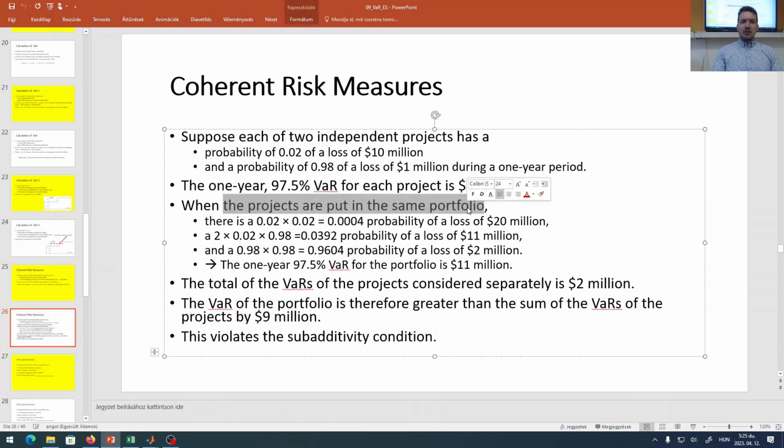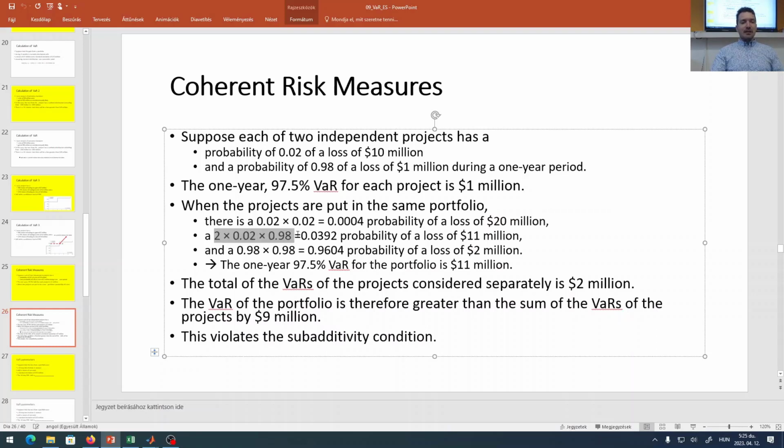So projects are put in the same portfolio, so it means that we have 2% probability of failure here, another 2% probability of failure here, so altogether there is a really small probability of loss for the whole 20 million. So because of portfolio effects, we can see that this is not the case.